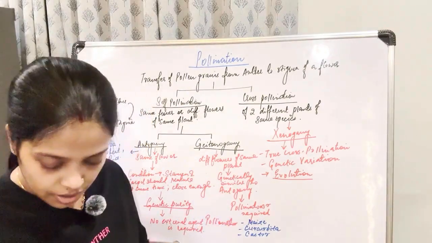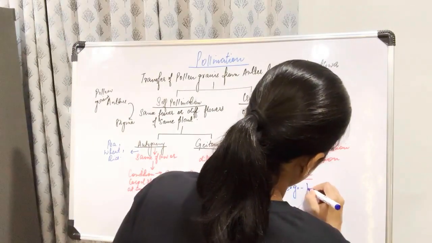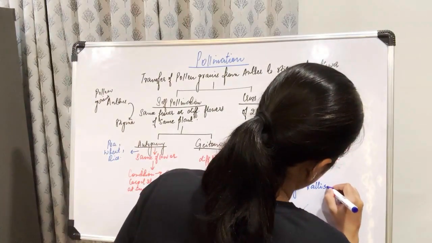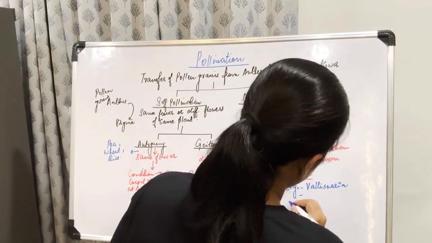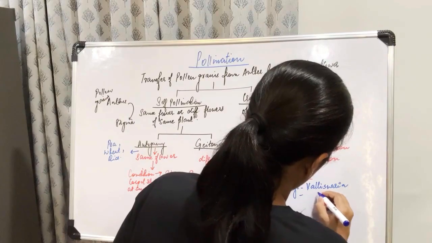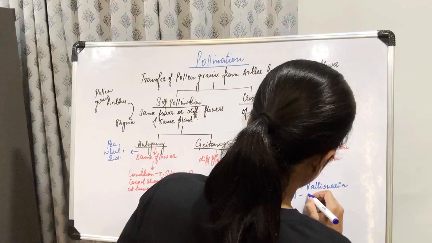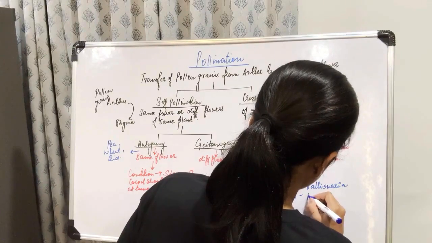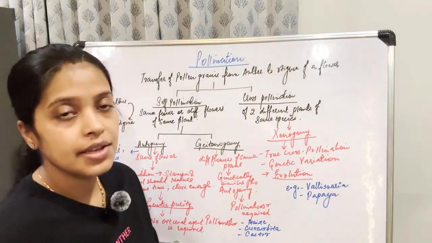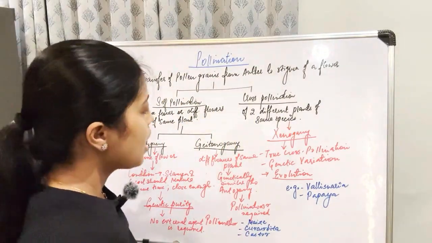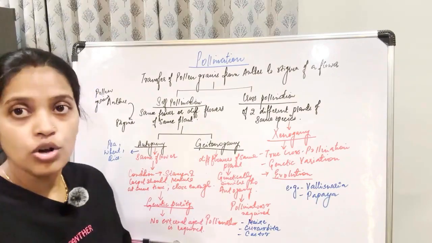The examples are Vallisneria, papaya, okay.